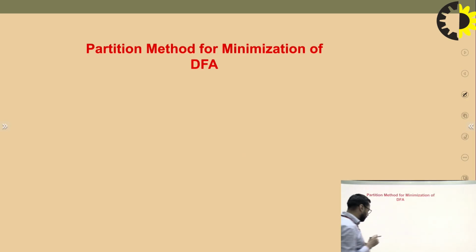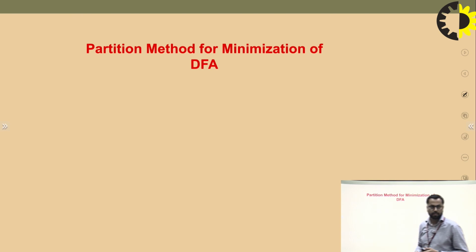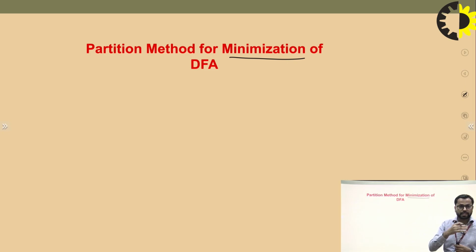As we discussed in the last lectures, minimization of the DFA model involves the reduction of states in the finite automata model.